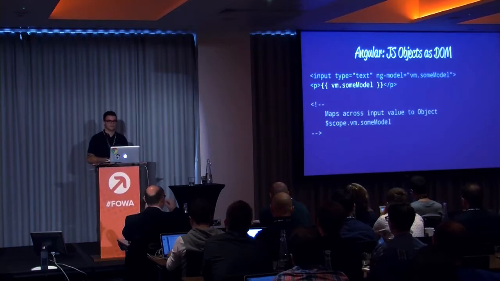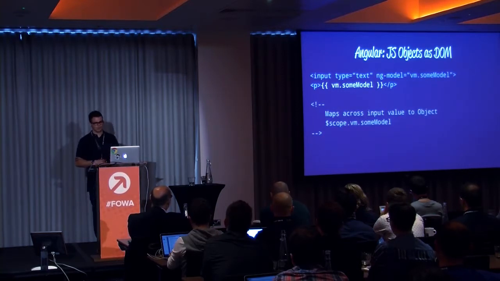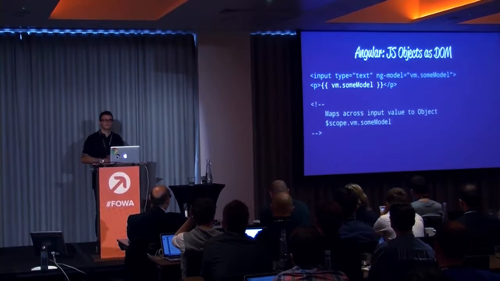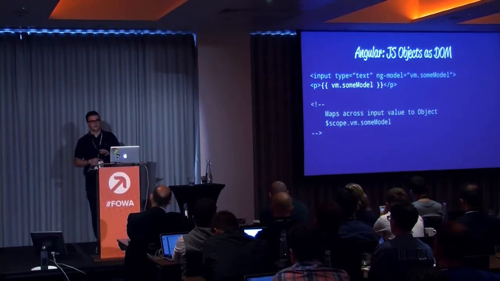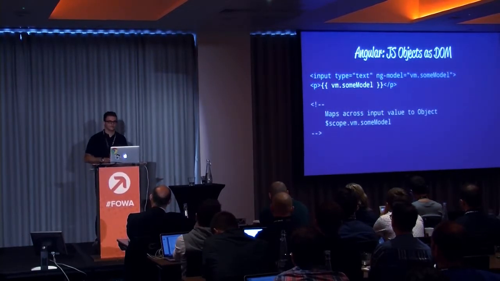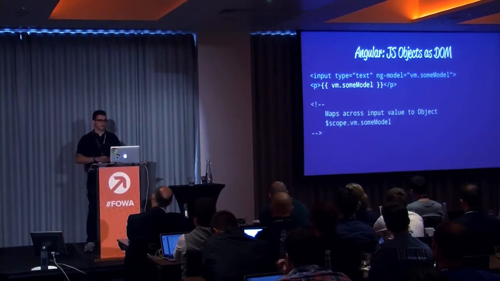JavaScript objects as DOM. If you've ever used Knockout.js before, you'll notice that you're binding JavaScript objects directly to the DOM. Whereas if you're using a framework like jQuery, you don't get this benefit. What Angular does is allow you to have a JavaScript object, and for example here, we bind it to an input type text. What that means is no DOM querying.